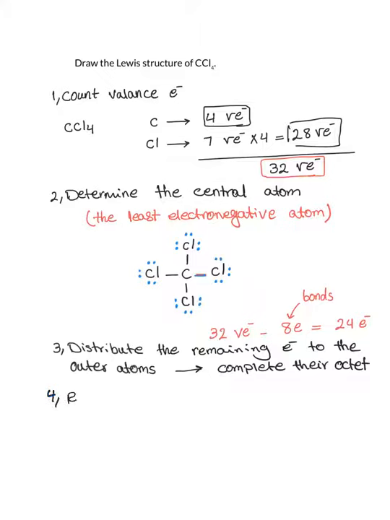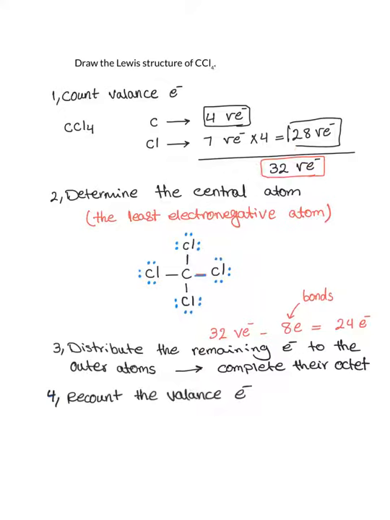Now, the fourth step is recounting the valence electrons and comparing it to the number that we calculated in step 1.